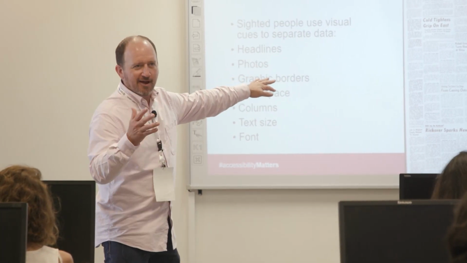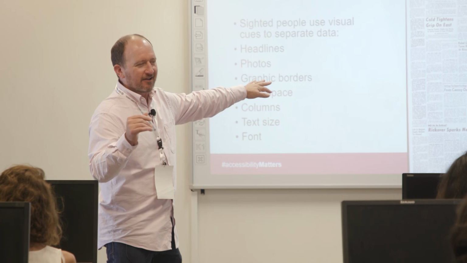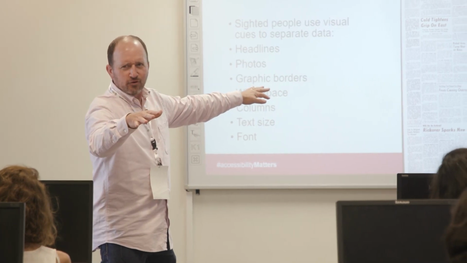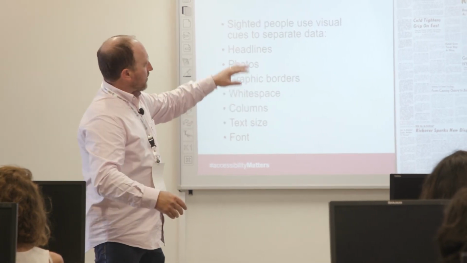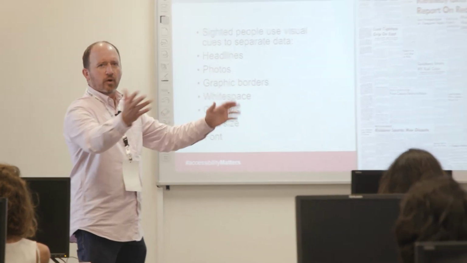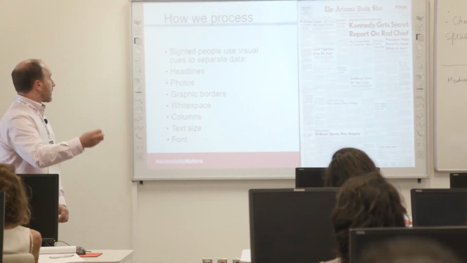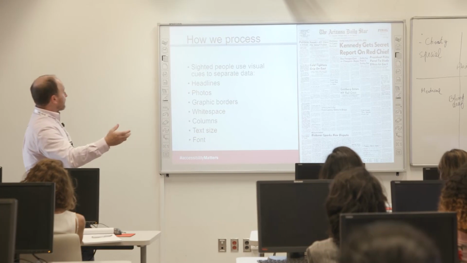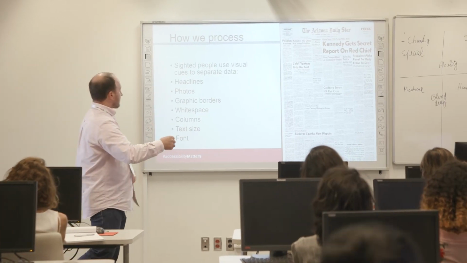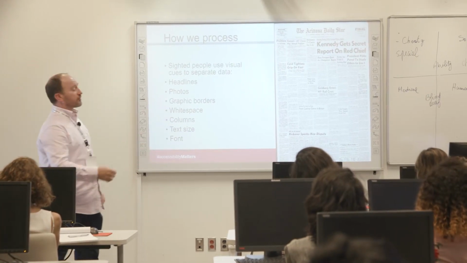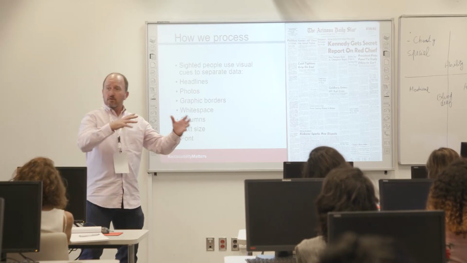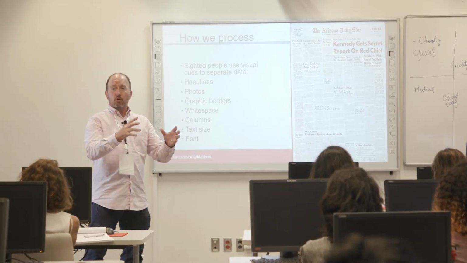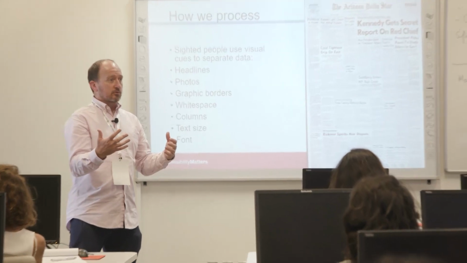I know I'm kind of antiquated. I'm an old guy, right? But it could be an online article too, same thing. We use headlines to determine what the information is about. We use photos, graphic borders, white space, columns, text size, and fonts to break information apart to make it understandable, okay?